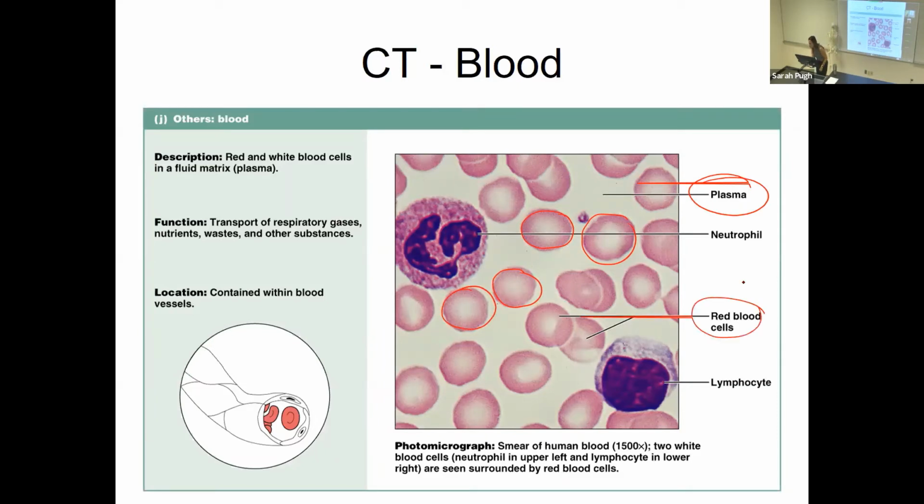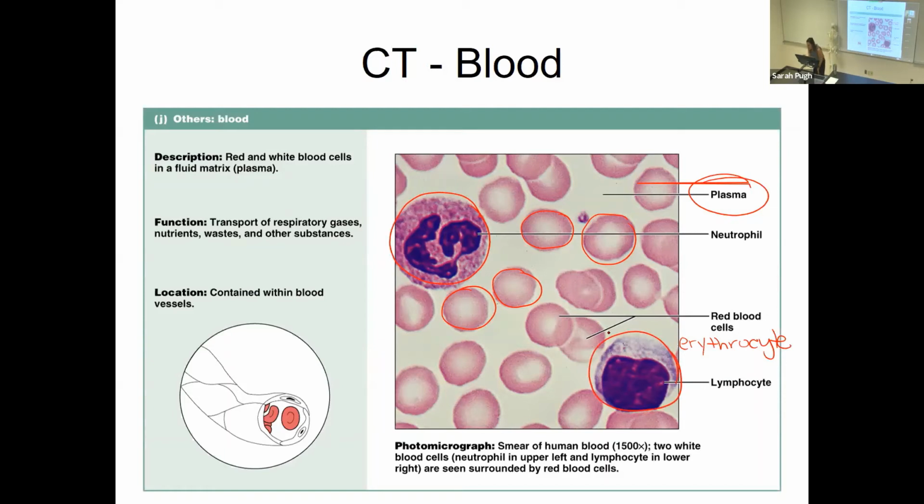Another term for a red blood cell is, let's see. Here we go. An erythrocyte is a red blood cell. And then we also have in our blood white blood cells. White blood cells make up less than 1% of your blood volume. The white blood cells are huge. So here are 2 white blood cells.